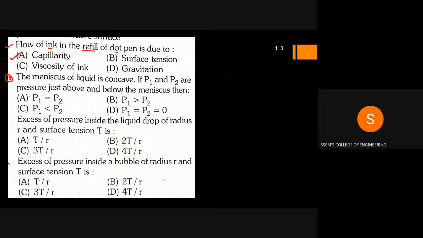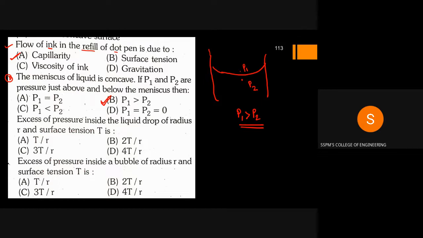Then, so for the concave meniscus, this is the concave meniscus. So this is the pressure above that meniscus. So let's take this P1 and this is a P2. Okay. So this meniscus is formed for this condition. P1 must be greater than P2. Okay. So your correct option is option B for concave meniscus.